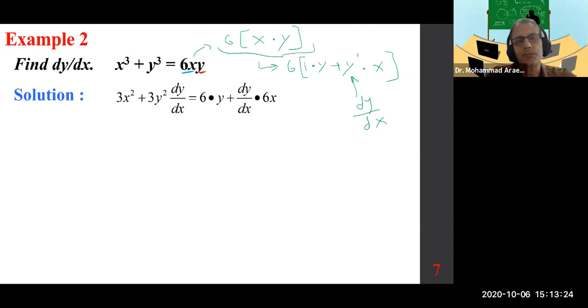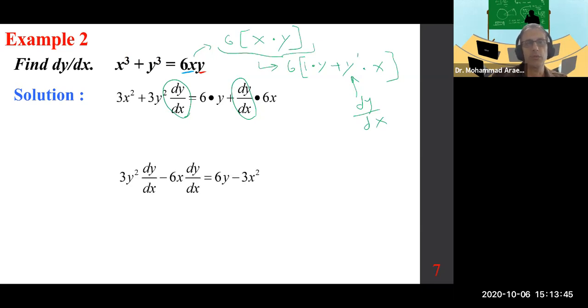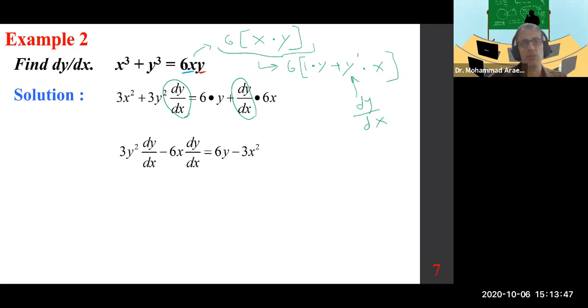Practically, we are done. As far as calculus is concerned, we are done. Here's the algebraic technique. What is it that you want to solve for now? Dy dx. So you have to collect everything involving dy dx on the same side, and the rest move to the other side. Whether you bring it to the left or right, it's up to you.